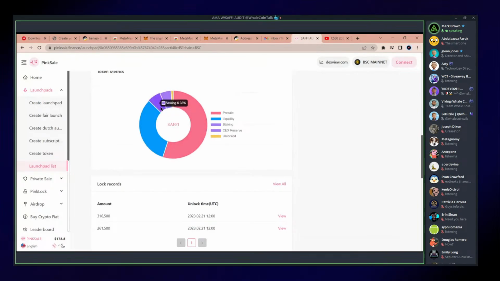That's locked, because for the first month we made sure everything is secured. We didn't want anything to look shady, so everything is locked for the first month. The liquidity and everything is locked for 1 year, and that pool will be added to the staking pool, so we have enough insurance and reserve for the second pool to be covered 100%.